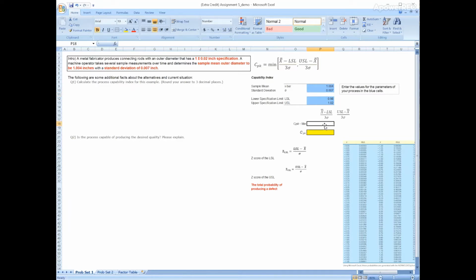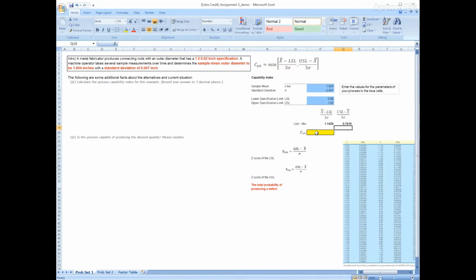So the first one is the difference between X double bar, the sample mean, and the lower specification limit LSL, divided by 3 sigma. The second component is the difference between the upper specification limit USL and X double bar, the sample mean, divided by 3 sigma.